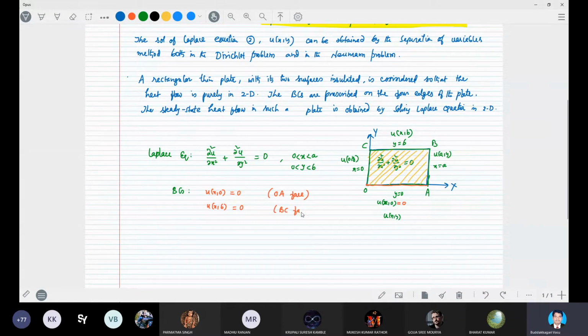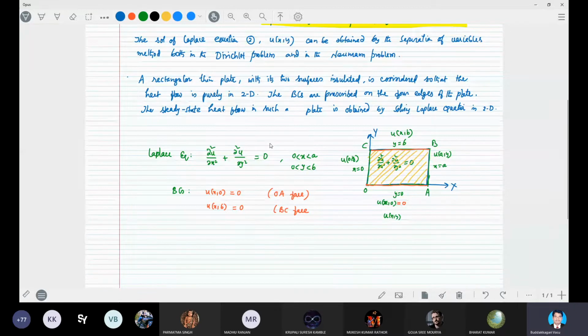These two faces, OA and BC, will be considered insulated. Therefore the heat flow in the xy plane follows two dimensions. So that is governed by this equation, right?